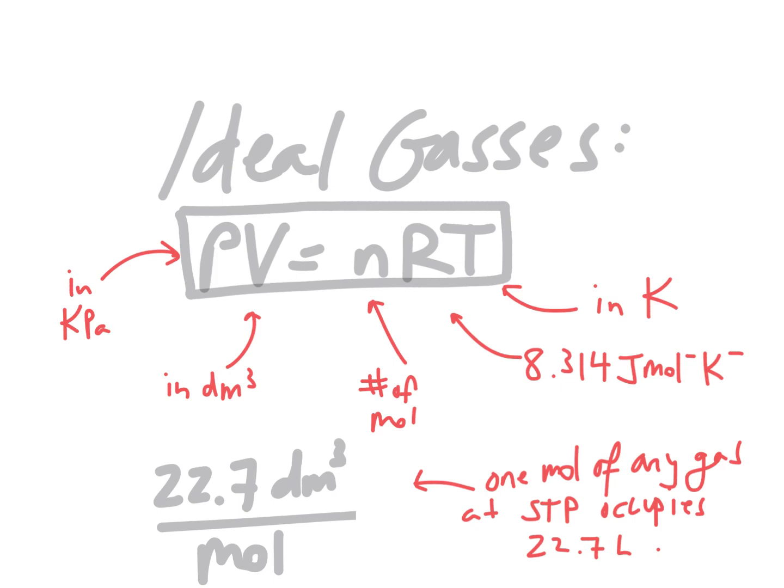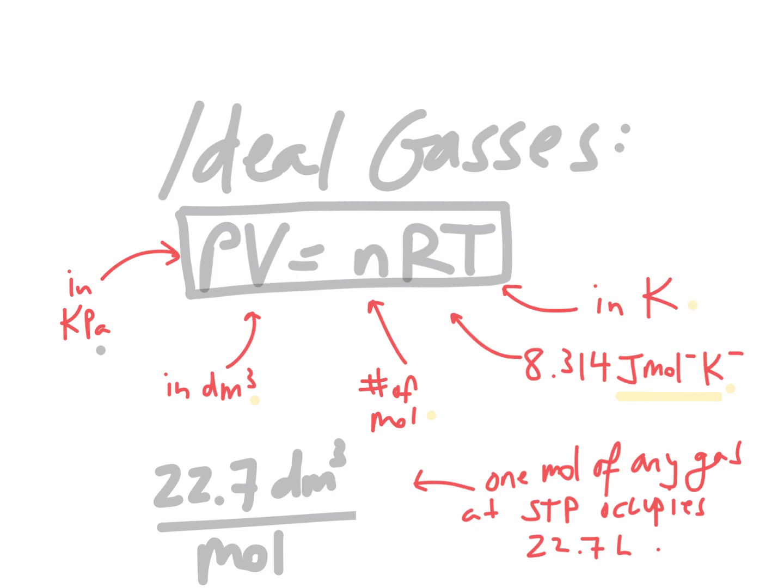So, a couple of realities with ideal gases. We use the ideal gas equation, PV equals nRT. Pressure needs to be in kPa, and volume needs to be in cubic decimeters. n is the number of moles. R is the gas constant, 8.314 joules per mole K. The units of this are specific for the units of everything else, which is why the units really matter here.